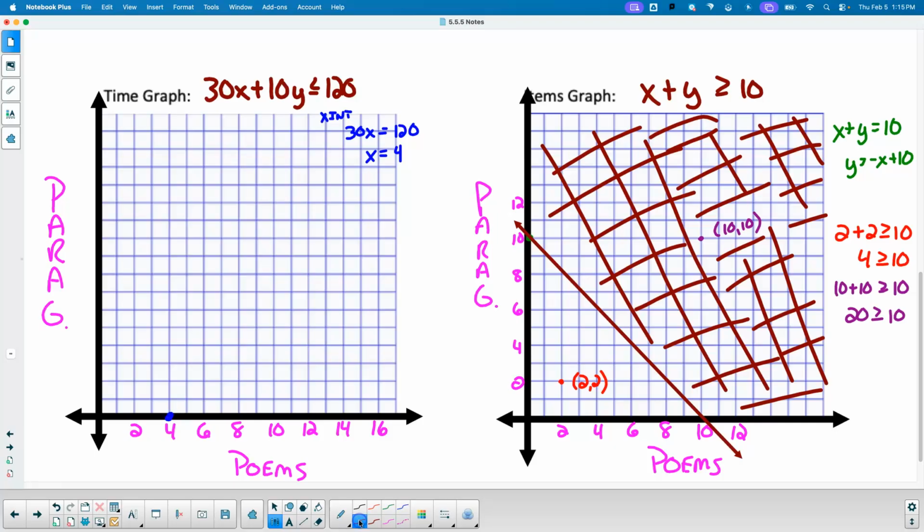The y-intercept would be where x is 0. So that would be at 12. Yep.